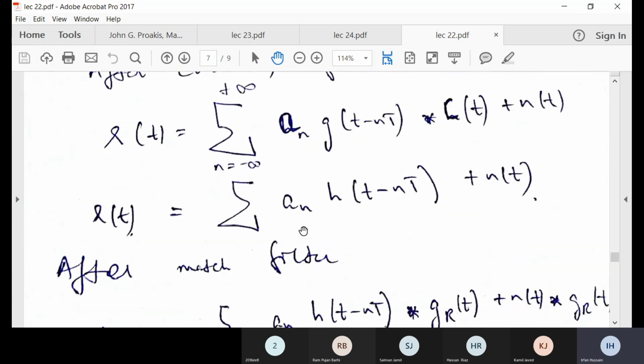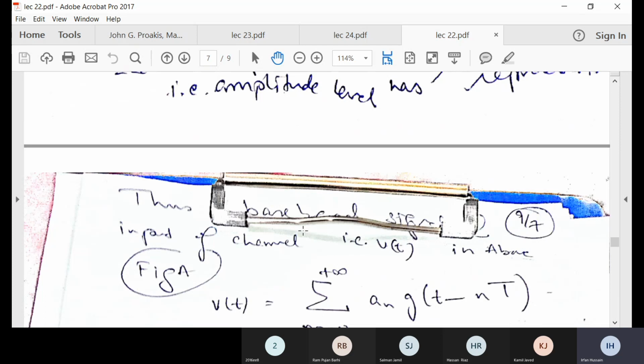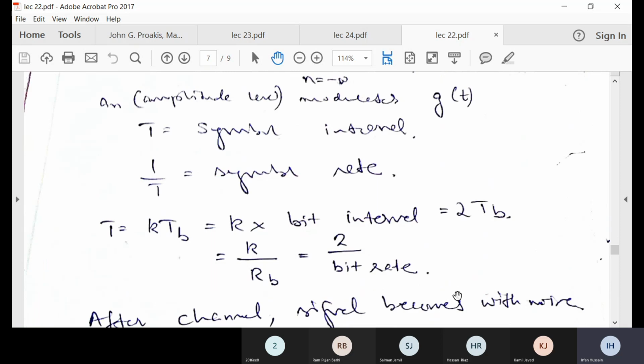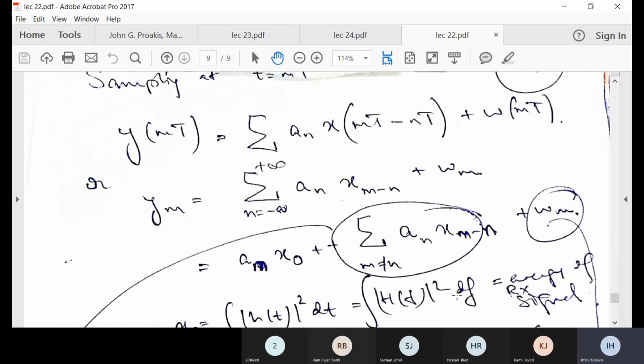These were the same symbols that were sent through the orthonormal basis or the pulse, but now these symbols are being multiplied with x(m minus n), which is actually the combined operation of g(t) convolved with the channel, convolved with the match filter. This is the combined output.